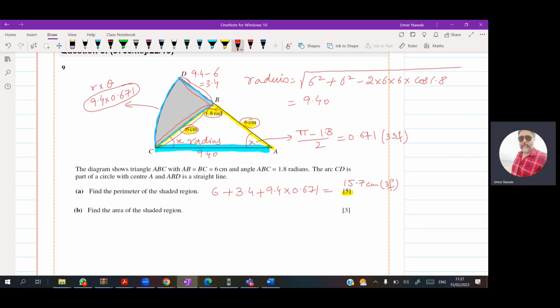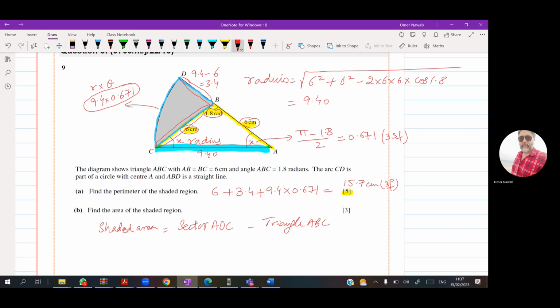Area of the shaded region. So obviously sector minus triangle. So shaded area is equal to sector ABC minus triangle ABC.